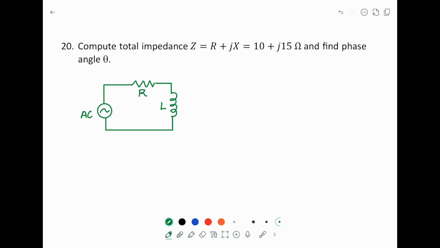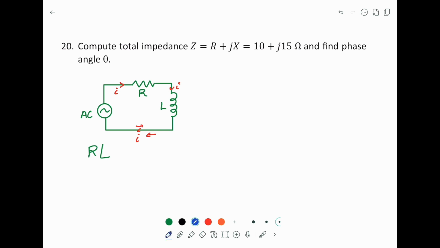If we connect an AC signal in series with a resistor and an inductor, we have an RL circuit. Now, because these two components are connected in series, the current at each point, I here and I here, of course they will change direction, they are exactly the same.